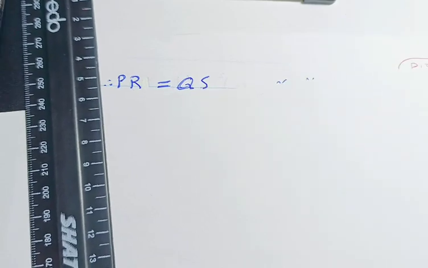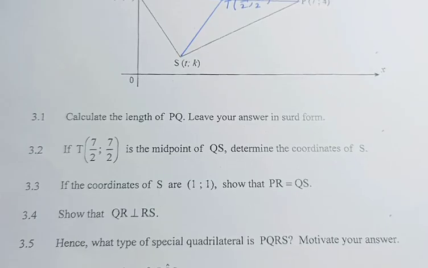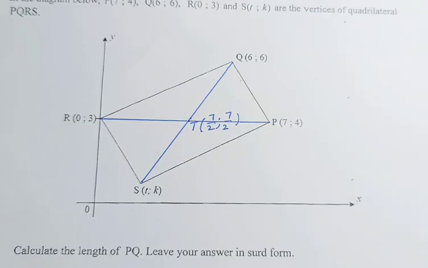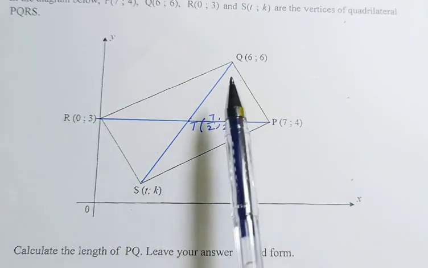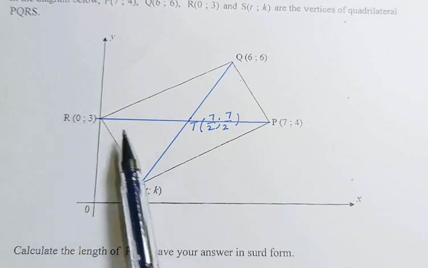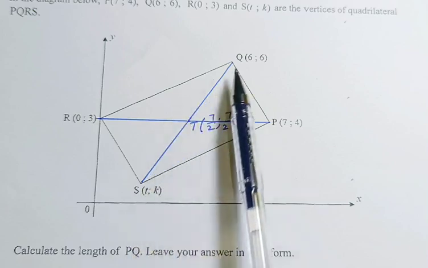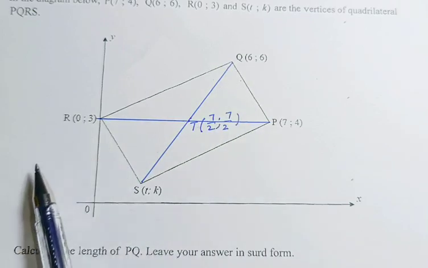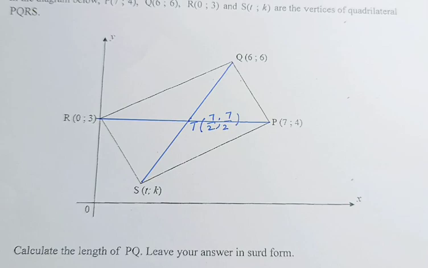That's my final answer. Question 3.4 says show that QR is perpendicular to RS. So we need to prove that QR is perpendicular to RS. We're going to find the gradient of QR and the gradient of RS, and then multiply.